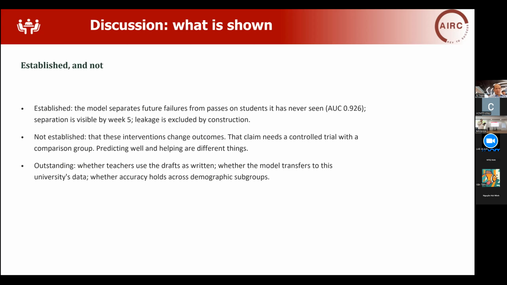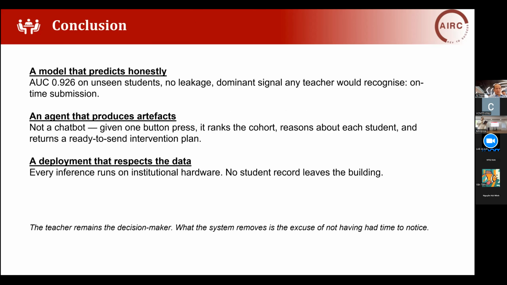So, to conclude: a model that predicts honestly, AUC around 0.92, on unseen students, with no leakage, resting on a signal any teacher would recognize.